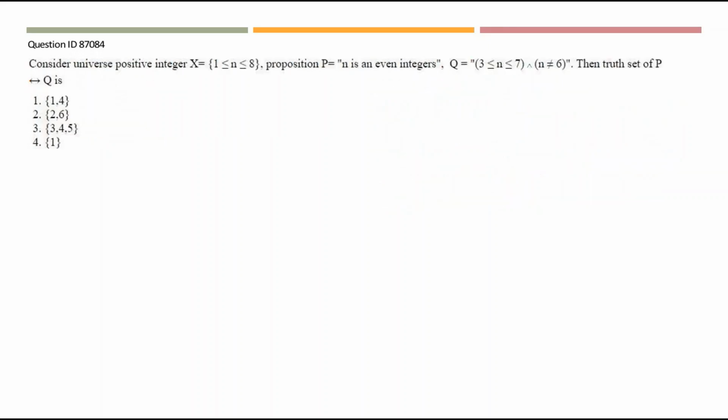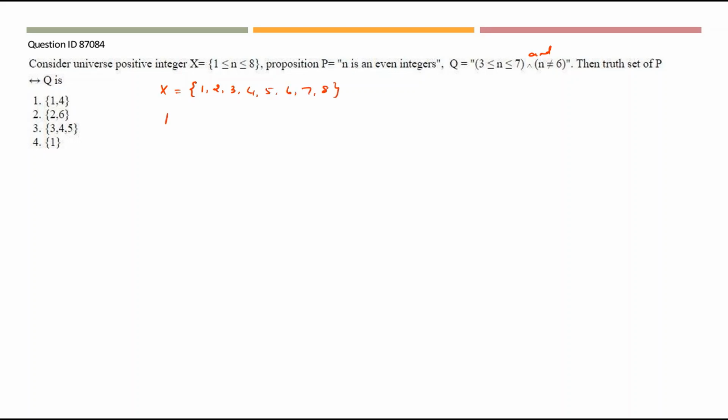Next question. Consider universe positive integer x, and proposition p is n is an even integer and q is 3 less than or equal to n less than or equal to 7 and n is not equal to 6. So let's take x first. We have 1, 2, 3, 4, 5, 6, 7, 8.